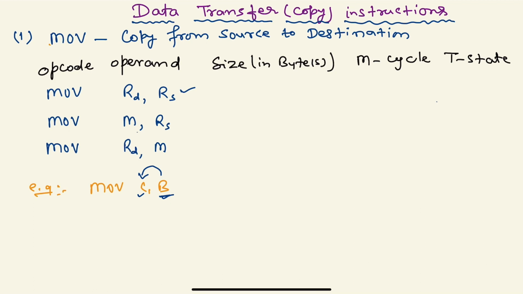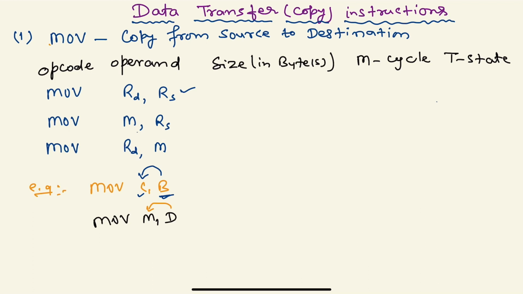The second variation is MOV M, Rs. So let's say MOV M, D. Here MOV M, D means it is copying the content of the D register into the memory location, which is the memory location pointed to by the HL register pair.